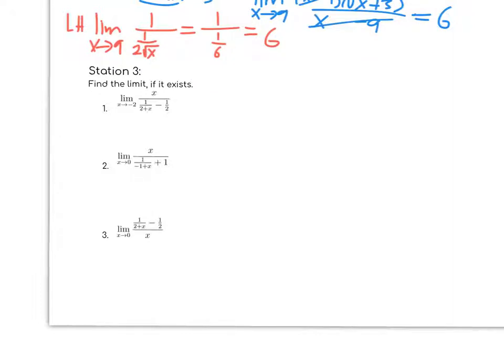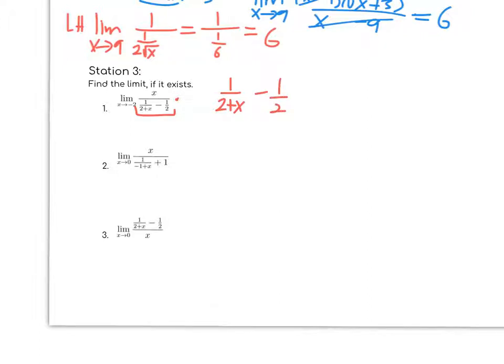First thing I'm going to do is figure out that I have something going on that's weird here. What I'm going to do is multiply the entire thing by a denominator when I get there, but it might be nice if I found a way to combine those bottom pieces. So let's break this off: 1 over 2 plus x minus 1 over 2.